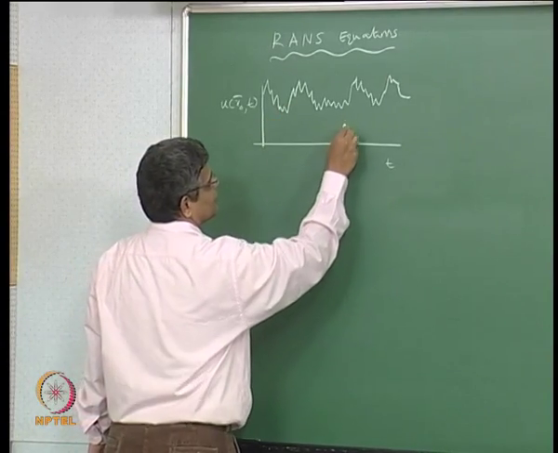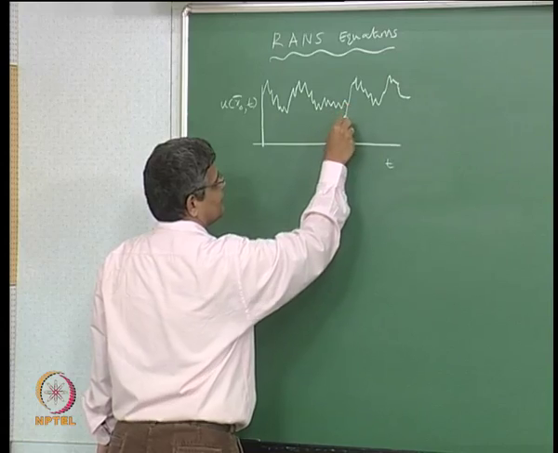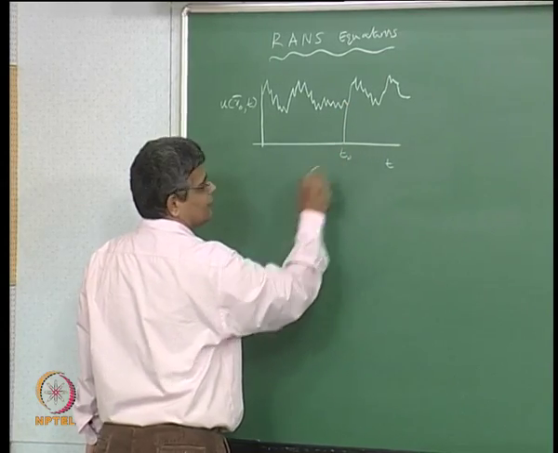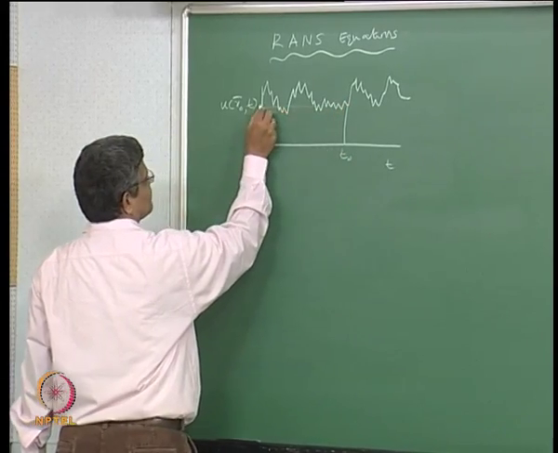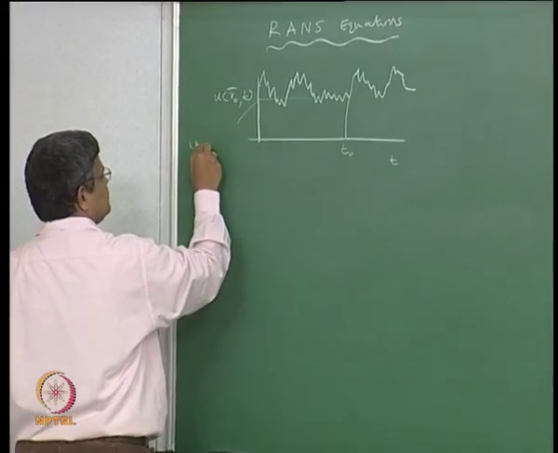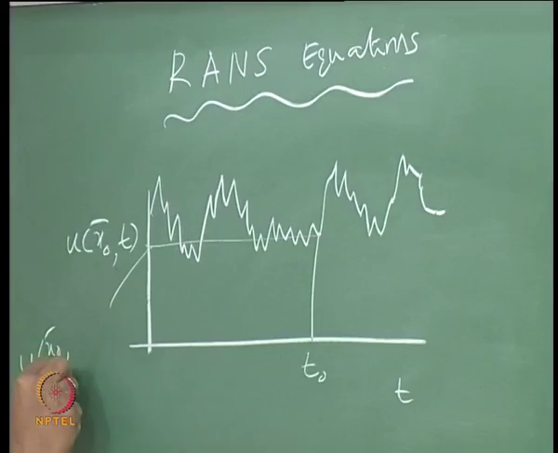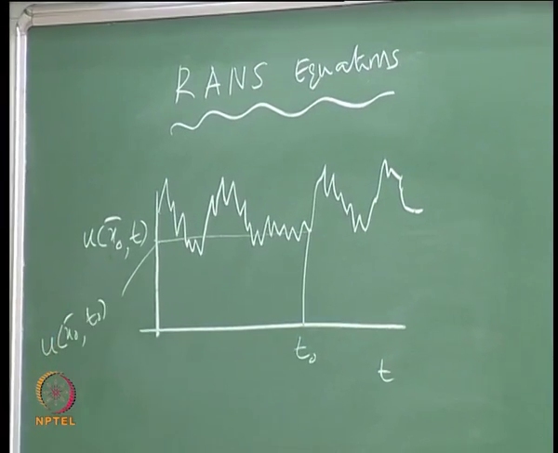If you take a particular time instant here, t0, then this velocity here is the instantaneous velocity. So this is u of x0 t0.